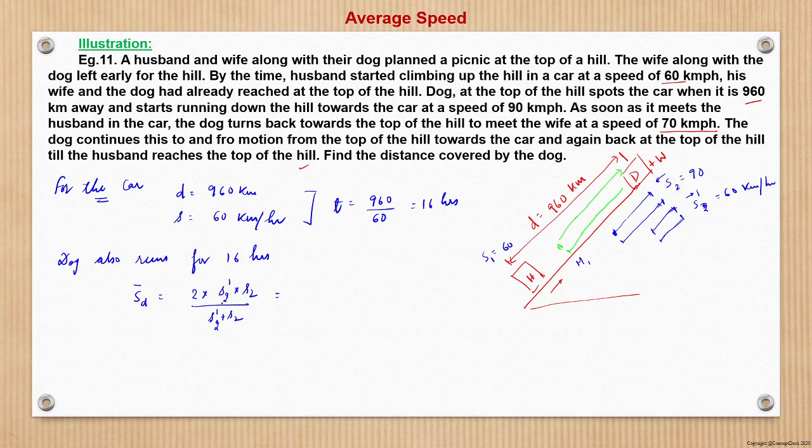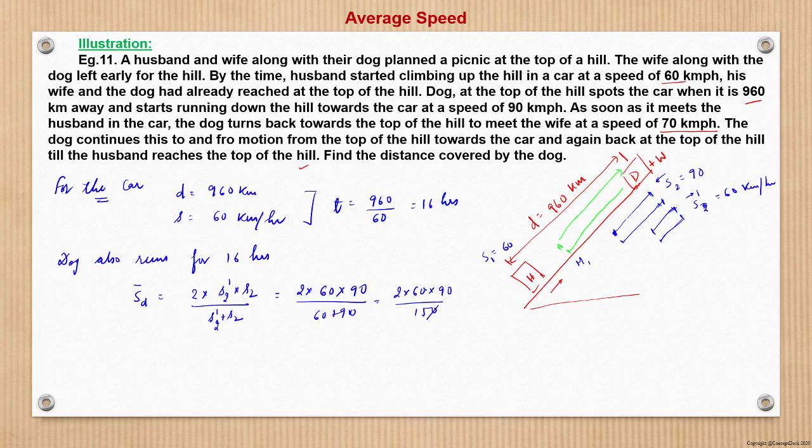will be 2 into S2 into S2 dash upon S2 plus S2 dash, that is 2 into 60 into 90 upon 60 plus 90. So this becomes what? This is nothing but 2 into 60 into 90 upon 150.